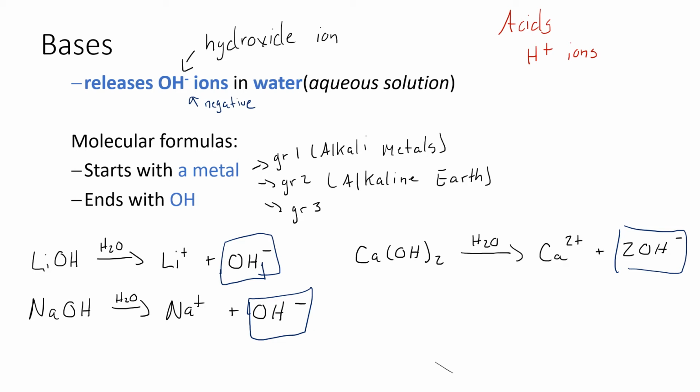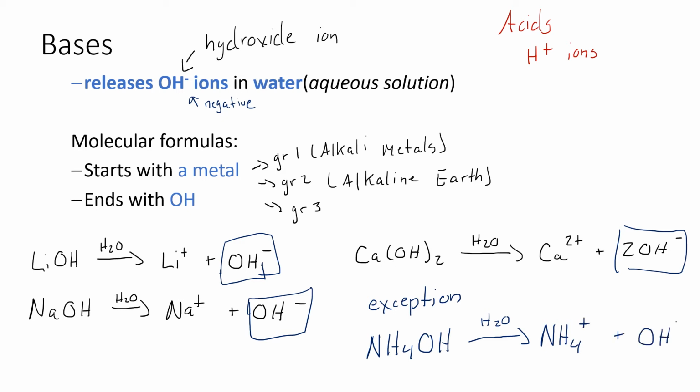There is one key exception, and this is important to know. And the exception is ammonium. So ammonium is NH4OH. It's basically the only base that does not start with a metal, because when it is dissolved in water, it breaks up into the ammonium ion, and it still has your hydroxide ion as OH-.